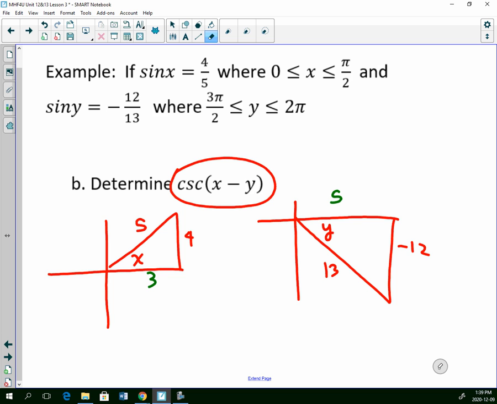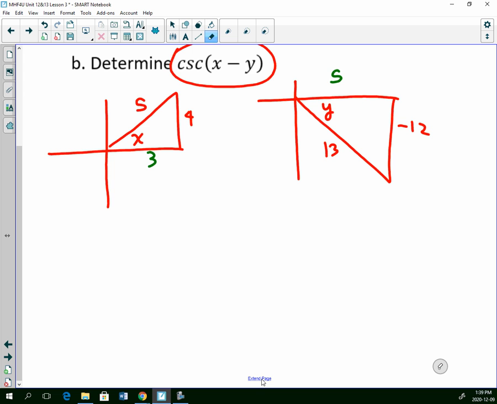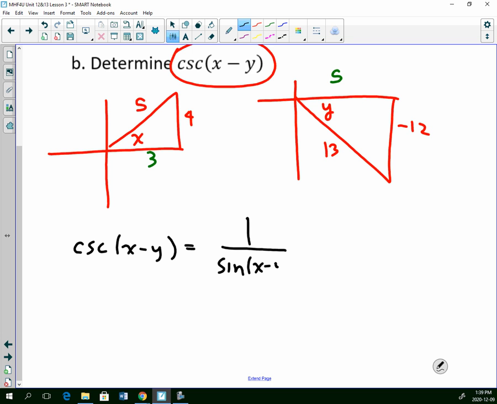So remember that cosecant is the reciprocal of sine. So instead of writing cosecant, I could do 1 over sine. Okay, and I have a formula for sine X minus Y. So what I'm going to do is find sine X minus Y and then substitute it in, rather than continually writing 1 divided by 1 divided by 1 divided by, which uses up too much room.